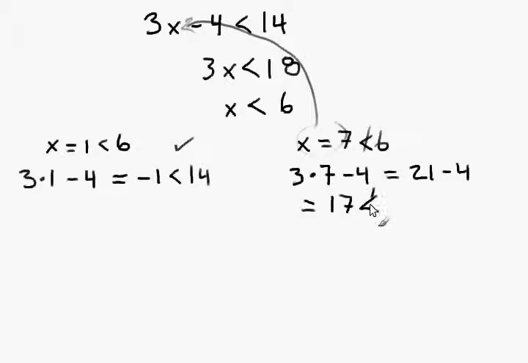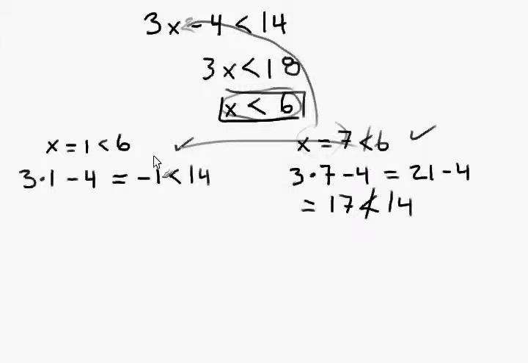And yeah, 17 is not less than 14. But that's just what we said. So that's good. That checks out. We said, look, x must be less than 6. When it is, we get a true statement. When it isn't, we get a false statement. So this problem is solved. This is our solution. And this is us checking our work.